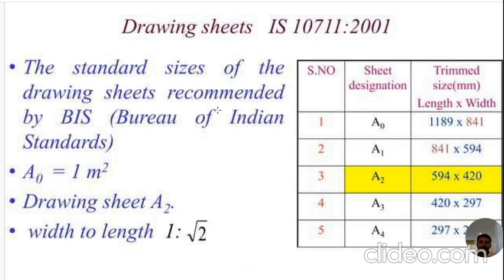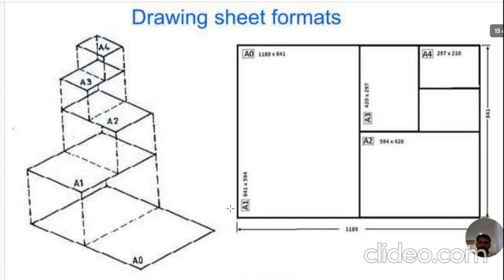The D2 drawing board and A2 drawing sheet are used by engineering students, and the width to length ratio is 1:√2. These are the drawing sheet formats: A0, A1, A2, A3, A4. Engineering students use the A2 drawing sheet.